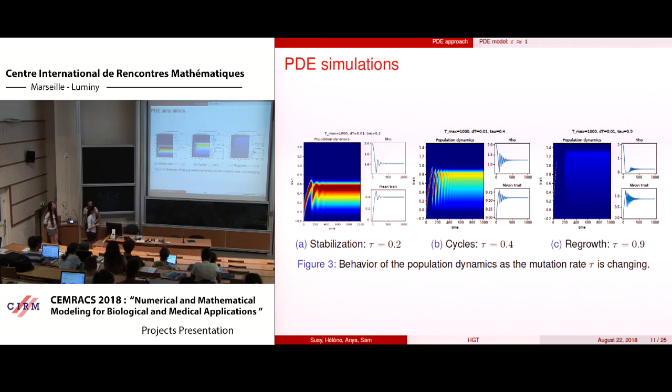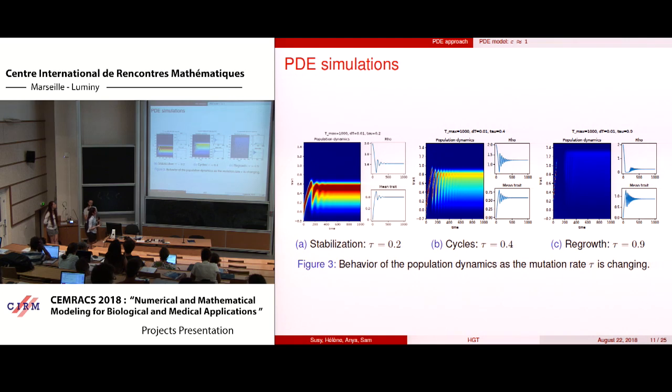With this kind of scheme, we can obtain the same behavior with different kinds of species. First, for the value of tau equal to 0.2, we have some cyclical behavior, until the population stabilizes around one mean rate, which is the kind of behavior that we had in the stochastic model.